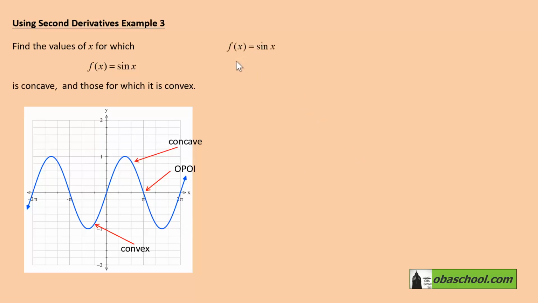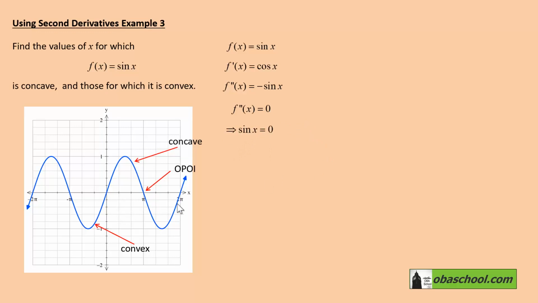So f of x is sin x, the first derivative is cos x, the second derivative is negative sin x. If we look at the points of inflection, so where f double dashed x is equal to 0, that means, of course, that sin x is equal to 0.